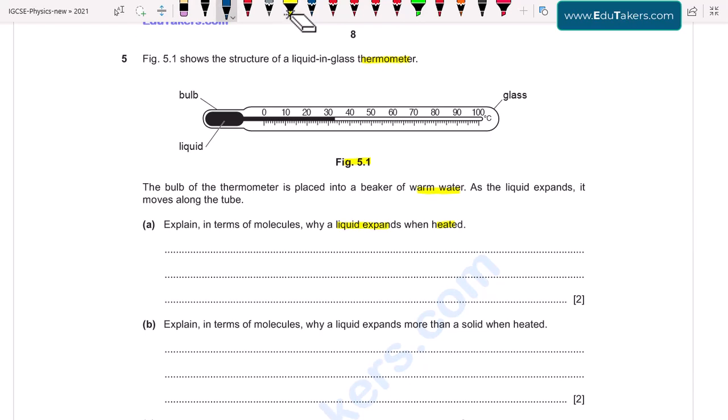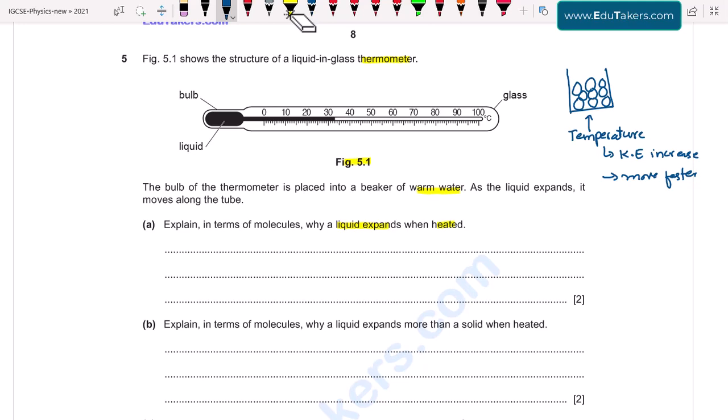So first of all, I consider a beaker. And inside this, there are liquid molecules. So when we increase its temperature, then the kinetic energy of liquid molecules increases. So I write here kinetic energy increases, due to which these molecules move with greater speed. So they move faster and collide with each other.